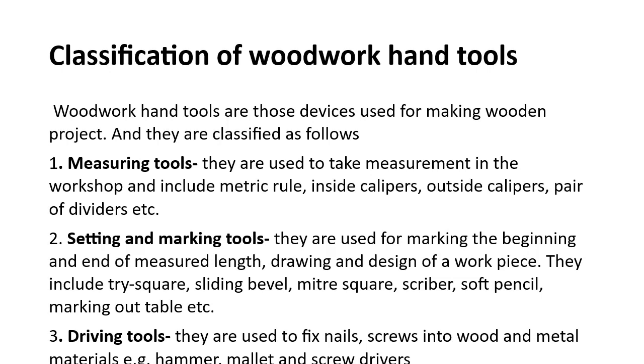Another classification of woodwork hand tools, number 2, setting and marking tools. They are used for marking the beginning and the end of measured lengths, for drawing and design of a workpiece.